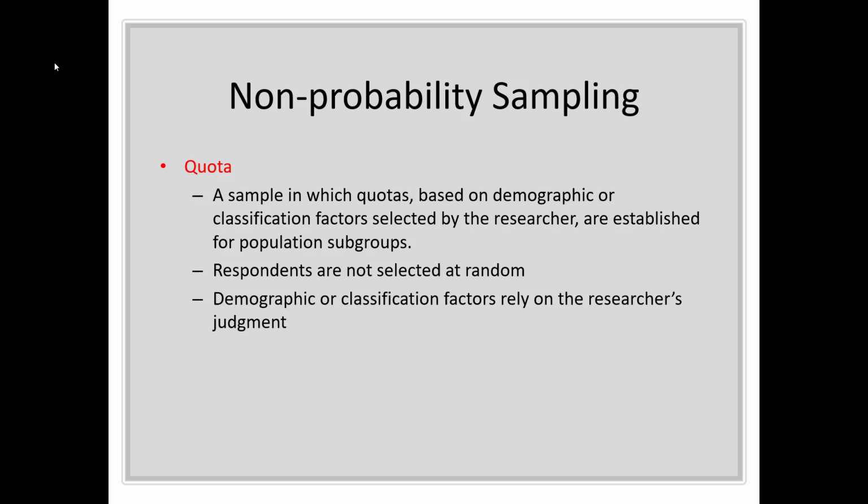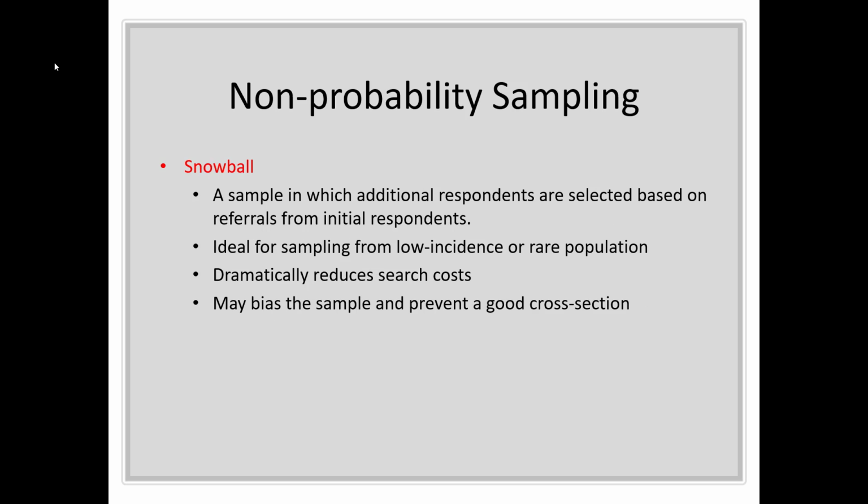Respondents are not selected at random, in the sense that if the quota is not met, we'll get more students belonging to that particular category into the sample. The factors are really up to the researchers. Researchers determine how to set the quota, so it's kind of arbitrary. That's why it's a non-probability sample.